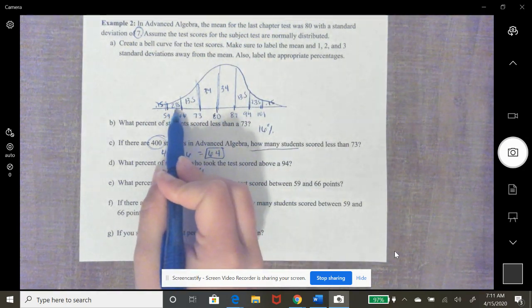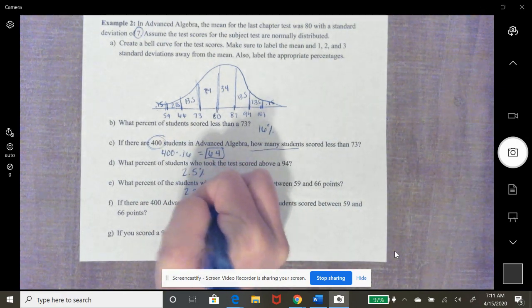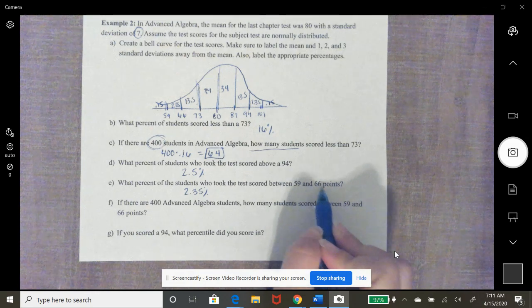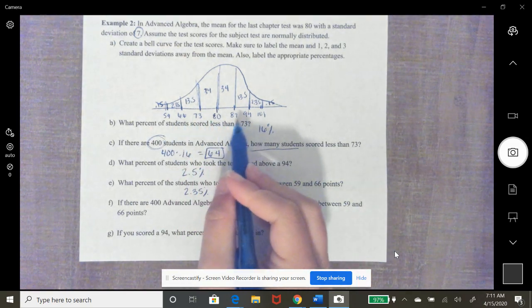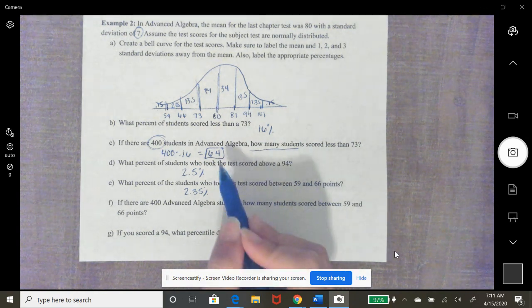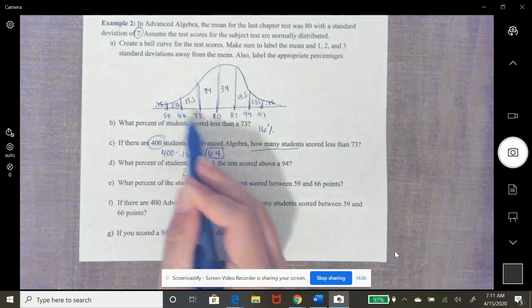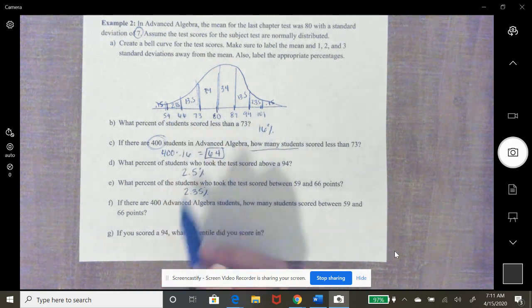So we already have that percent, so 2.35%. Okay, and you notice I have to use these very specific data points. So if you don't see those numbers, something went wrong there. Later on we'll figure out what to do if it's in between those values. But with these, you can only use the specific data points you come up with.